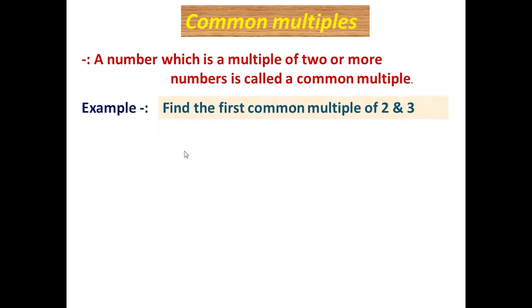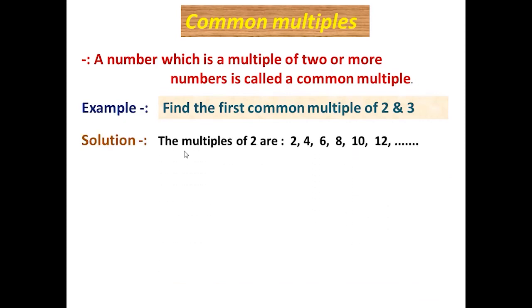Find the first common multiple of 2 and 3. The multiples of 2 are, here we write the table of 2: 2, 4, 6, 8, 10, 12 and so on. Now write the multiples of 3: 3, 6, 9, 12, 15, 18 and so on.